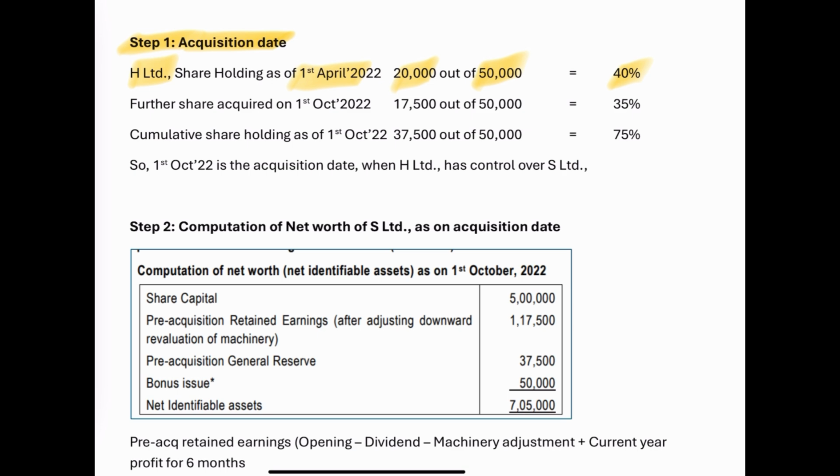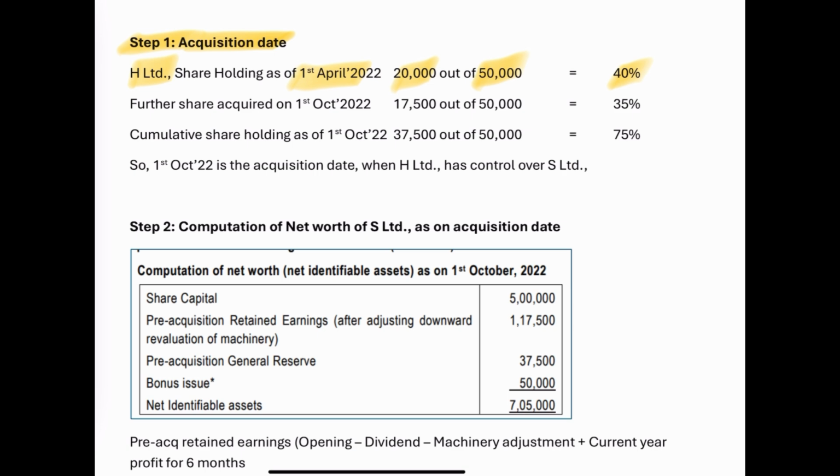But we have to follow IND AS 28, where the parent company needs to restate the investment on the equity method. So probably H Limited would have followed the equity method of revaluation of investment up to 31st March 2022. But consolidation was not required as of 31st March 2022.